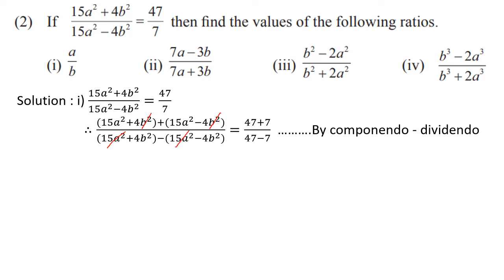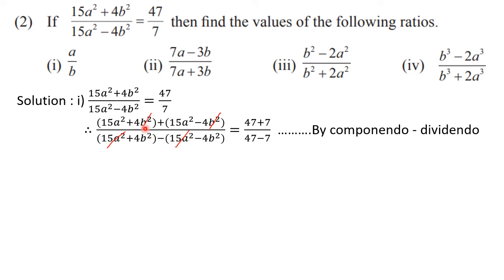Okay, but don't cancel these plus 4b² and minus 4b². You know why? Because here minus sign is there, and because of this minus sign outside, this is going to become plus 4b². So 4b² plus 4b², we will get 2 times 4b² here.